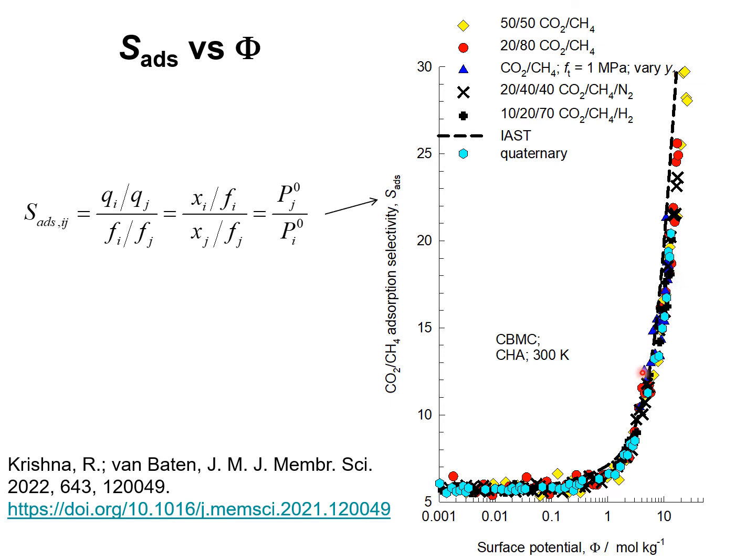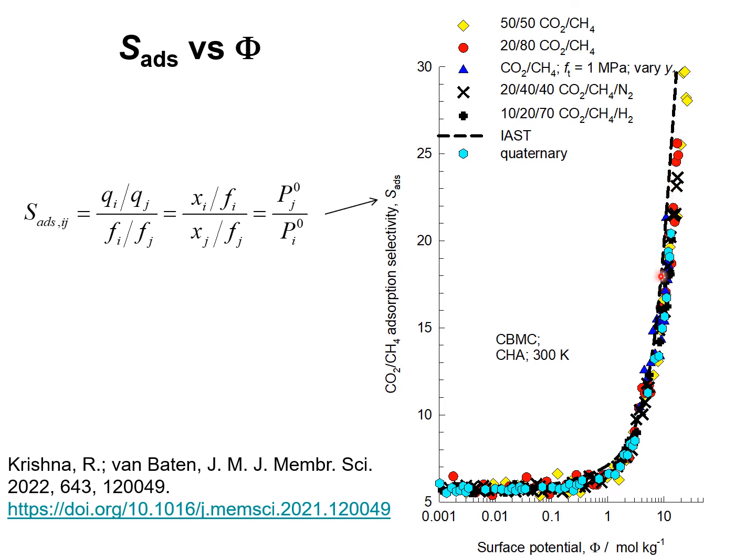The blue triangles represent mixtures of CO2 and methane in which the total fugacity is held constant at 1 megapascal, and the composition of the mixture is varied from 0 mole fraction CO2 to a mole fraction of unity for CO2.